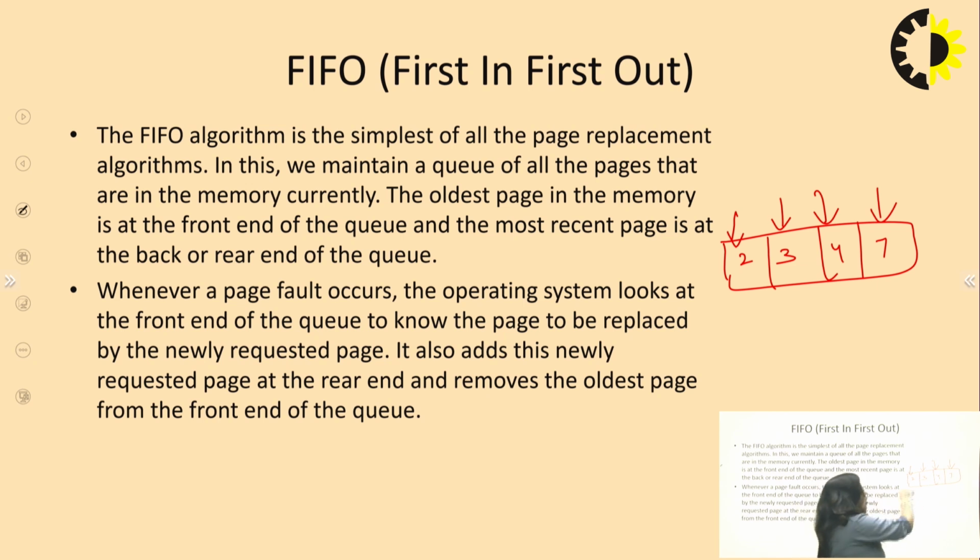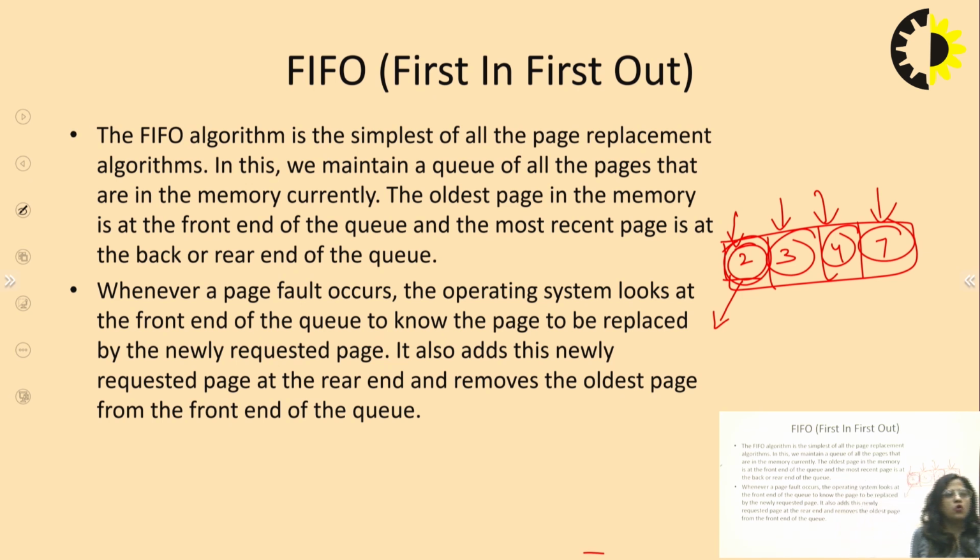So now the question arises: which page is replaced when this page is given? According to FIFO, first in, first out. So here 2 was stored first, so it goes out and the page is replaced by the new page in this frame. After that this, then at last this. So this is the definition of FIFO.